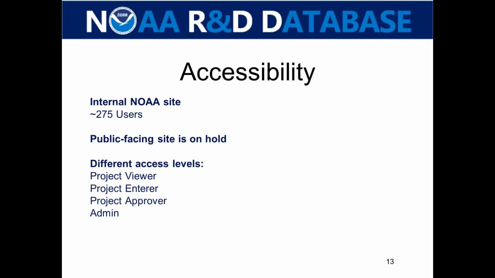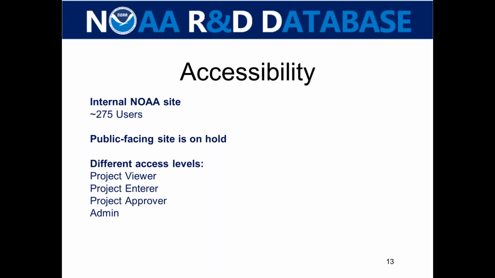But we are building it with the expectation that one day we would like to have certain very basic aspects of the information, like maybe who's the PI, the point of contact, and what's the name of the project. But it would be a very limited amount of information. Part of what we wanted to do was create transparency so that people in other agencies could know who to reach out to if they wanted to partner at NOAA. So that'll be coming hopefully down the line.